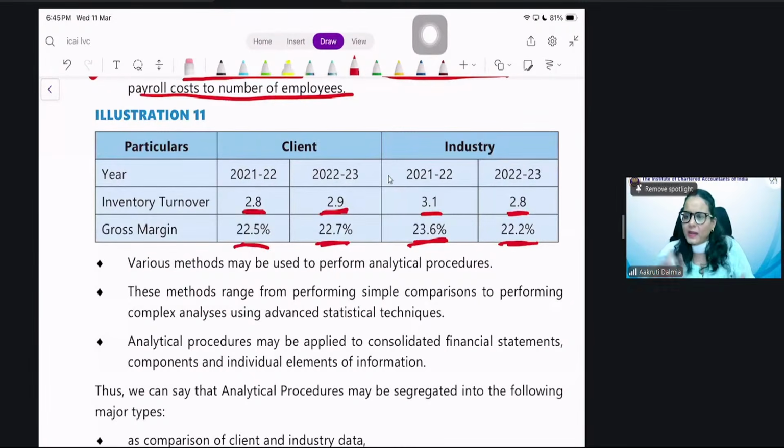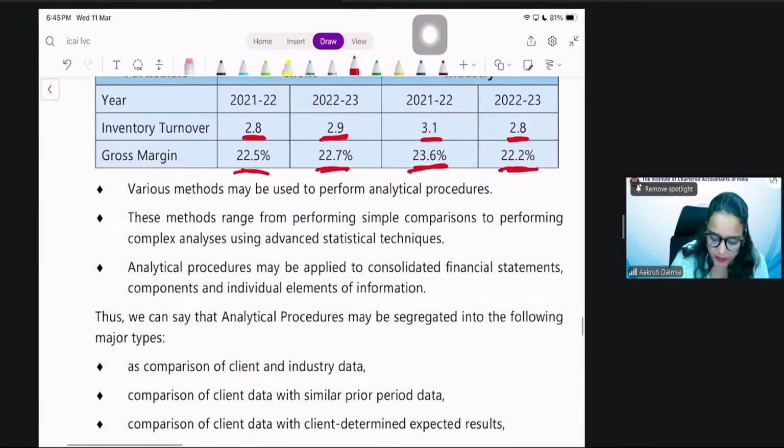Do you see major fluctuation? Anything alarming if you compare with previous year or with industry? Do you see anything very problematic in this? No? Okay, that's it.